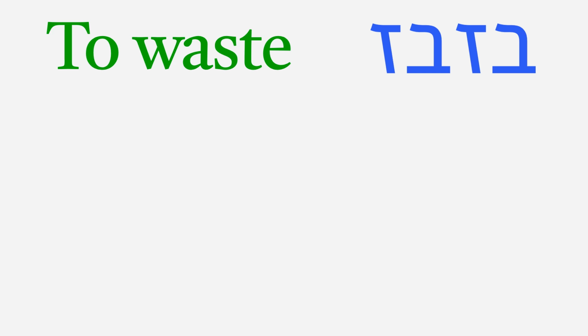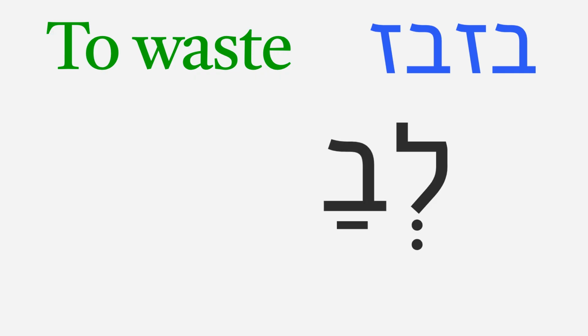To see how, let's make the infinitive to waste from the root beit zayin. Like any pi'el infinitive, this starts with a lamed with shva, that means to. Then comes the first root letter beit with a patach, followed by the second root letter zayin. With 3-letter roots, the second root letter in a pi'el infinitive should have a dagesh and tsere.